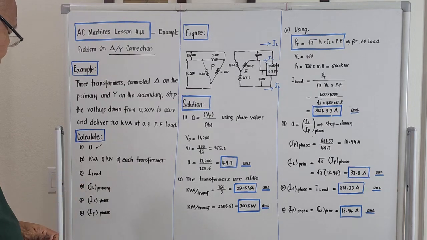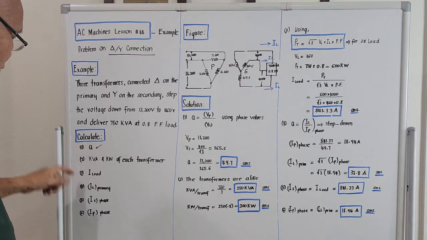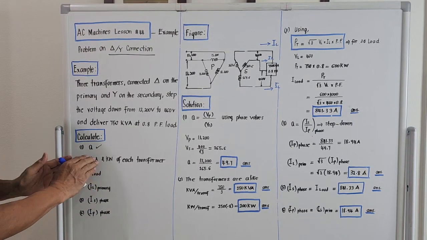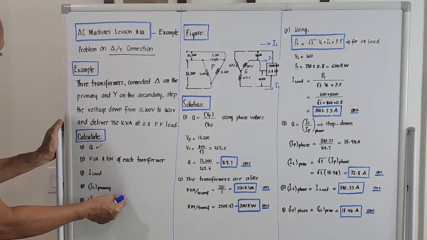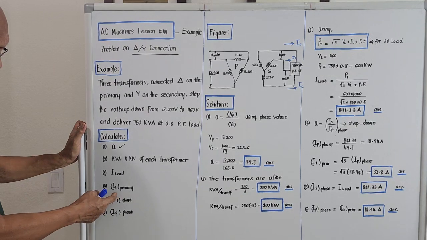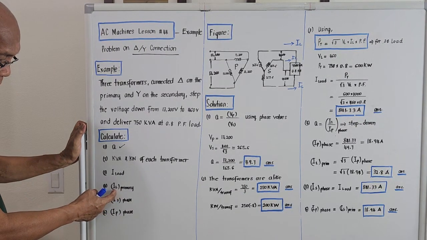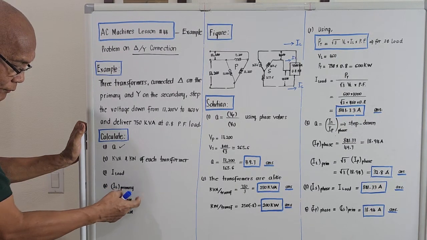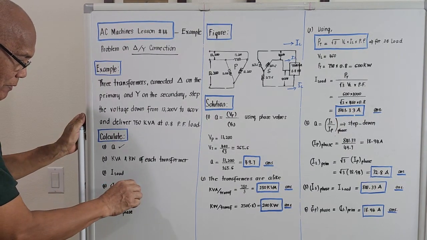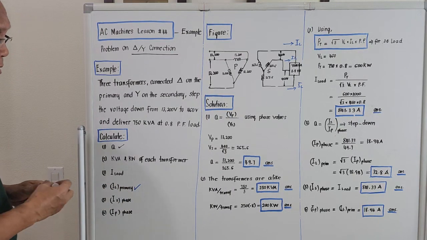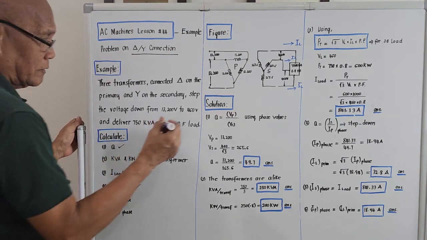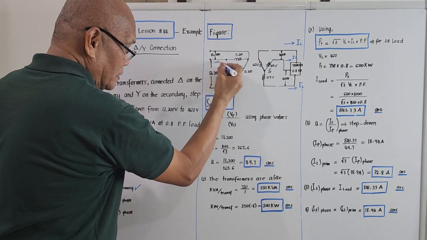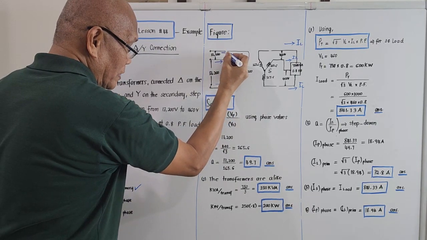That's number 3. Number 4, capital letter I with the subscript L, again with the subscript primary, meaning this should be the primary current, the primary line current.